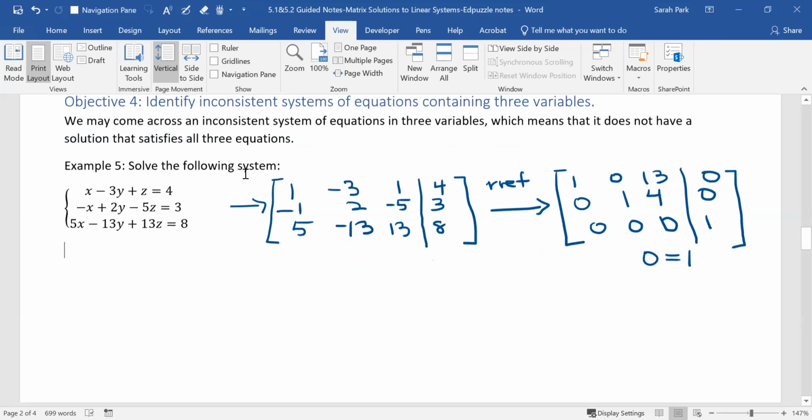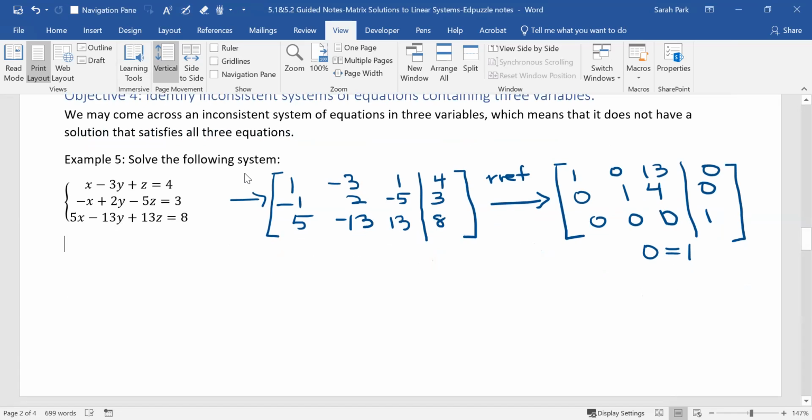Well, then 0 equals 1 is an inconsistent equation, right? It's a contradiction. 0 can never equal 1. So that means this system is inconsistent. Therefore, this system has no solution.